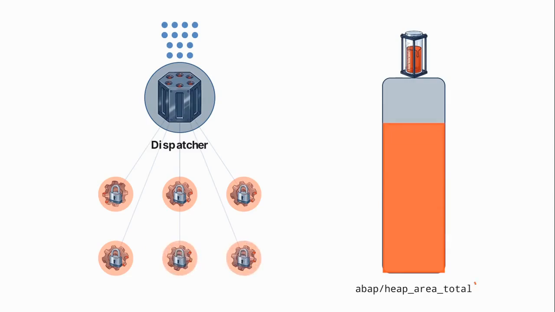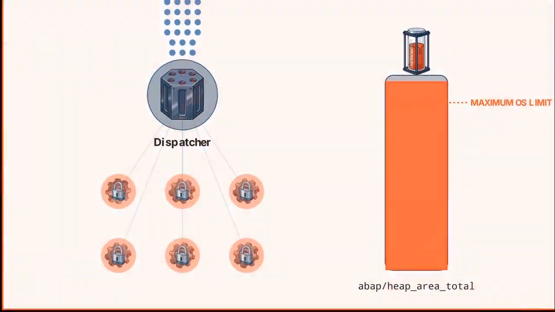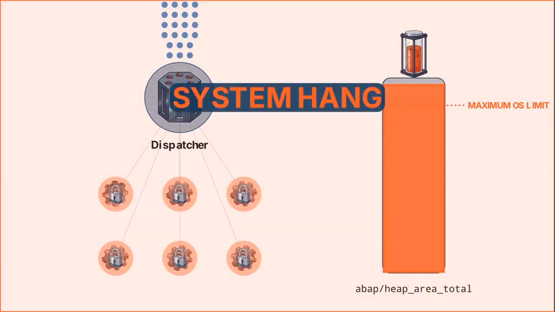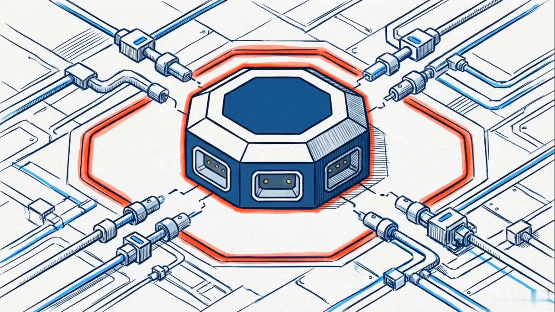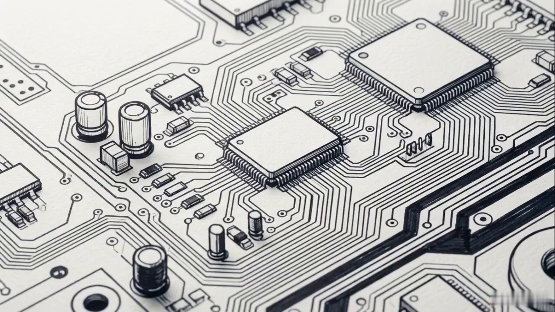As more processes lock into heap memory, the operating system's physical memory limit, governed by the parameter abap/heap_area_total, becomes rapidly exhausted. While priv mode acts as a protective failover for a single heavy transaction, it ultimately creates a critical vulnerability that leads directly to hard system hangs if left uncontrolled.